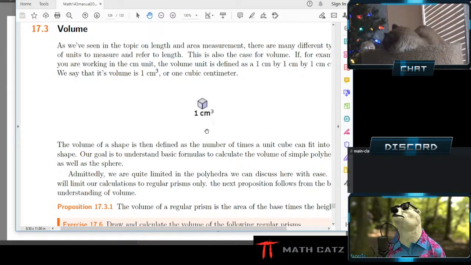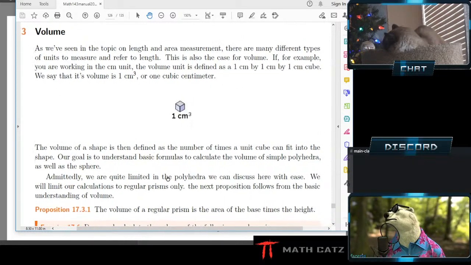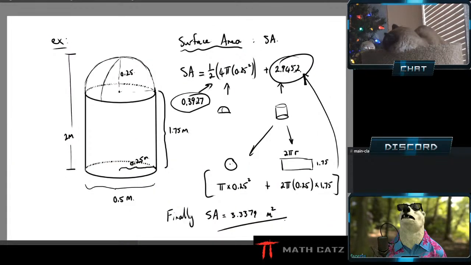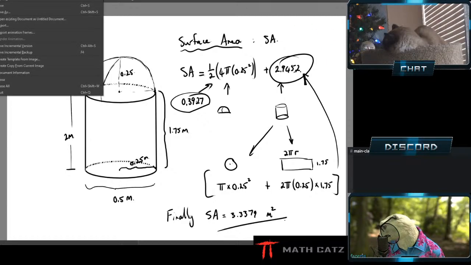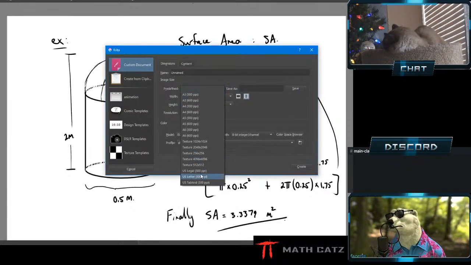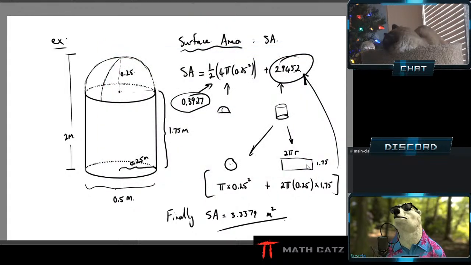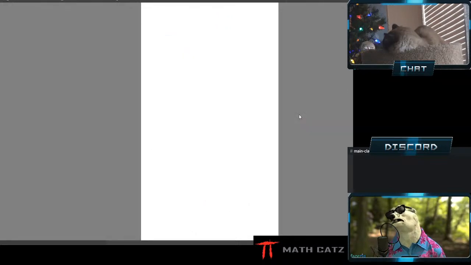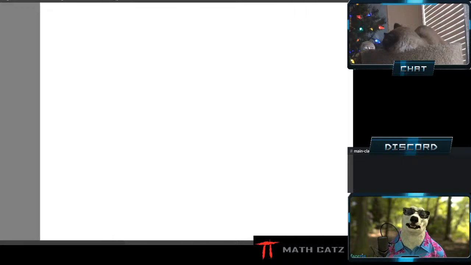Now, to make this simple, because volume can be very complicated, if I let the shapes get a little bit fancy, we'll mainly stick with a prism. It doesn't have to be regular. So let's remember what a prism is. The sides can be much higher.